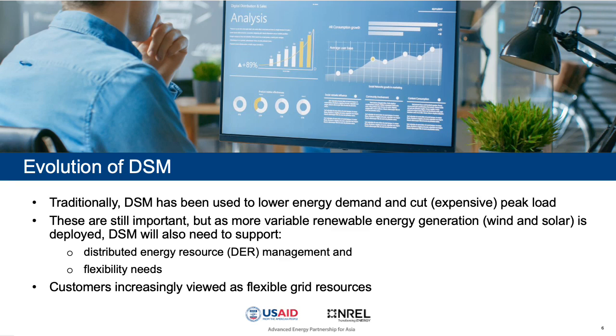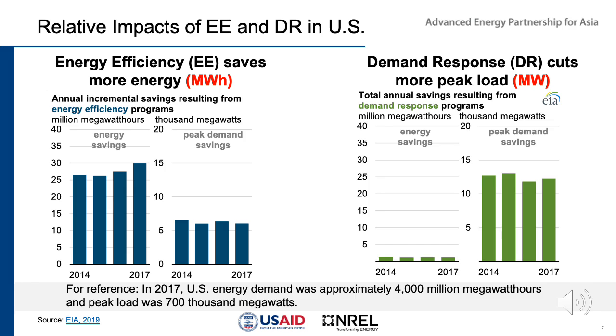The slide shows the relative impacts of energy efficiency and demand response in the United States. These trends would likely be similar in other countries. What we see on the left-hand side is the savings that energy efficiency provides, both in terms of megawatt hours and on peak demand measured in gigawatts.